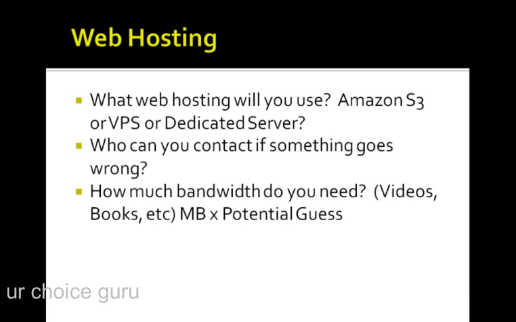So you take the megabyte total and multiply it by the potential number of people that may buy the product. If 1,000 people come in, that's 1,000 times 100 megabytes, convert it to gigabytes, and you get whatever bandwidth you might need. Now, bandwidth includes whatever you upload and whatever you download.